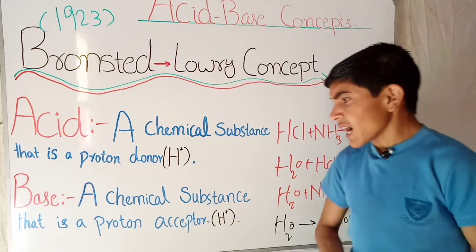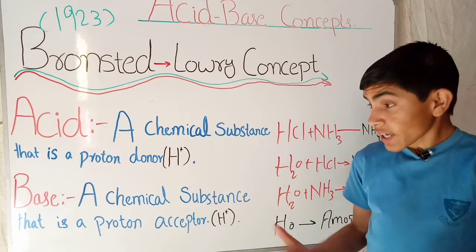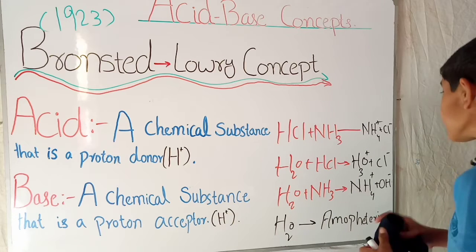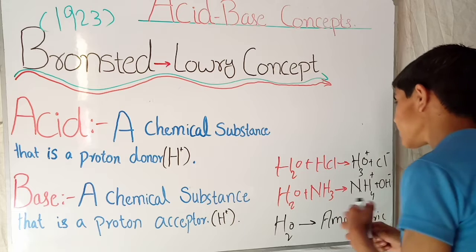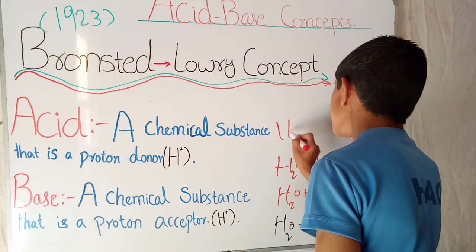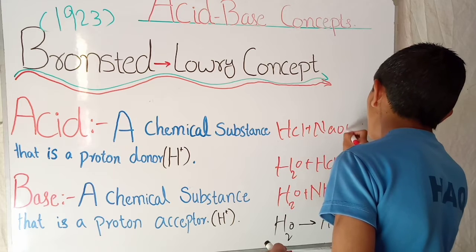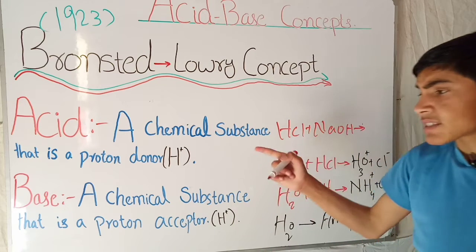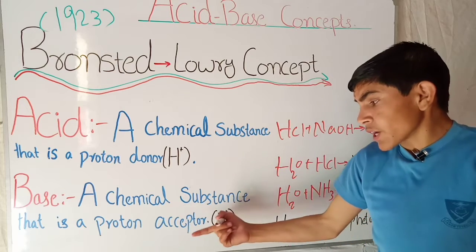There are some other substances which don't work under the Bronsted-Lowry concept. For example, if I mix HCl, which is an acid, with NaOH, in this case HCl is not a proton donor and NaOH is not a proton acceptor.